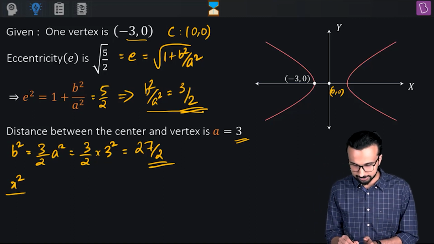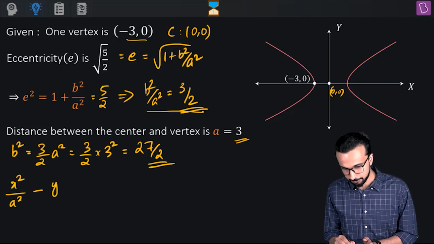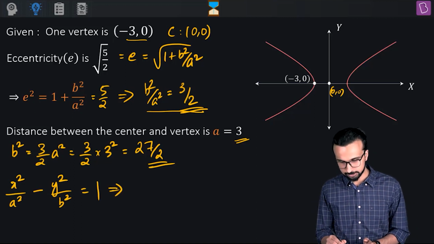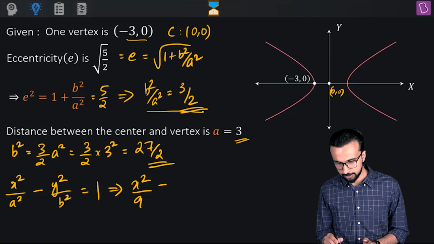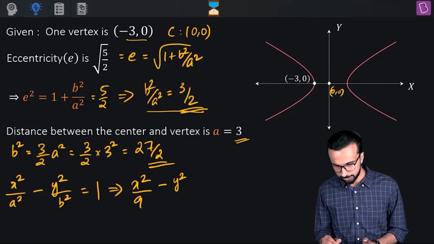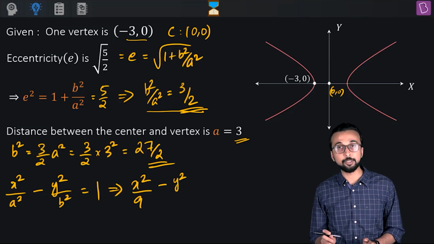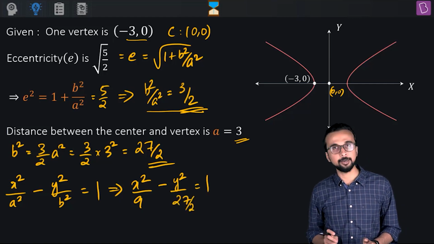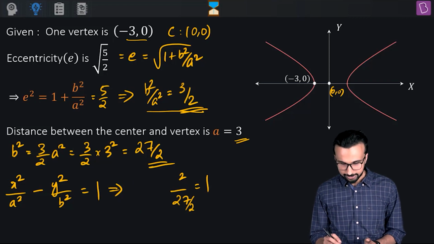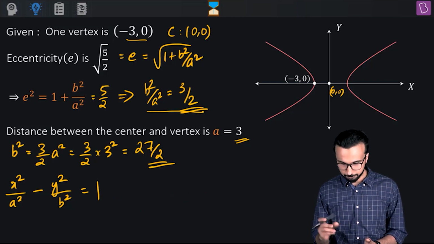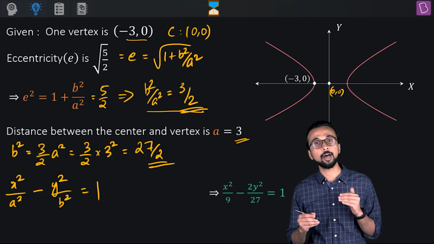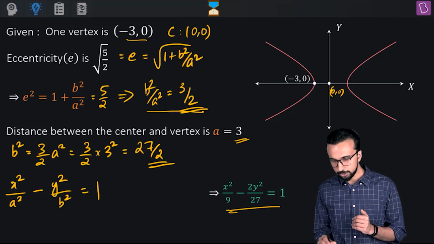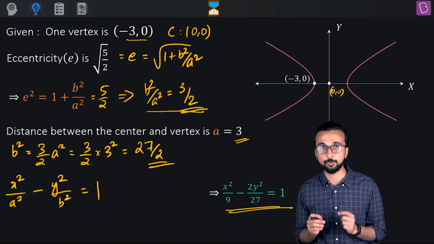So I can write x square by a square minus y square by b square equal to 1. This becomes x square by 9 minus y square by 27 by 2 equal to 1. This can be rewritten more simply by taking 2 up to the numerator: x square by 9 minus 2y square by 27 equal to 1.